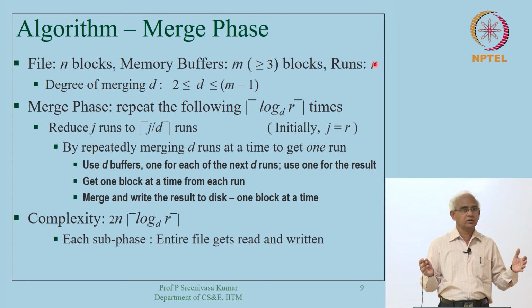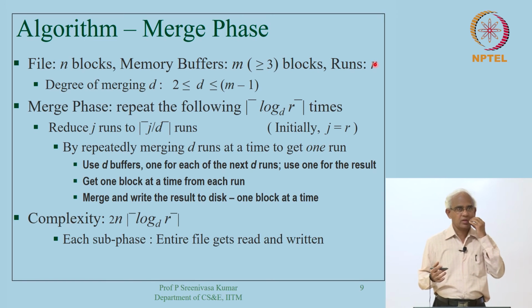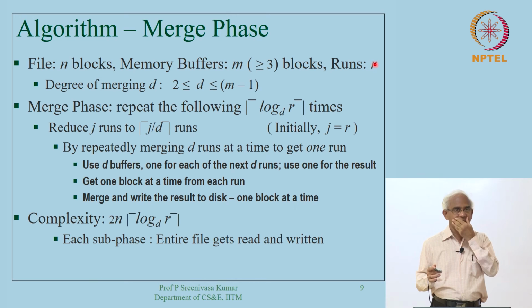But if you total up the lengths of all those runs, it is the same, because you have read all the records and written them all back. You get that point? The number of runs are reducing, but the number of records is not reducing. The records are all spread over these runs in appropriate places.